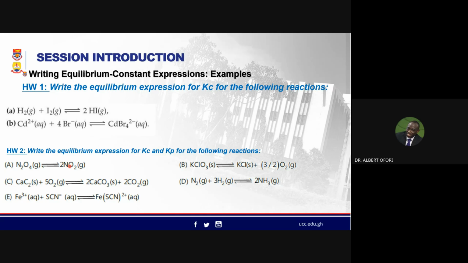So Kc. Let's just do this one. Let me underline it. It's homework, but let's do this one. So the question says we should write it in terms of Kc and then in terms of Kp, in terms of pressure and in terms of concentration. How would it look like?